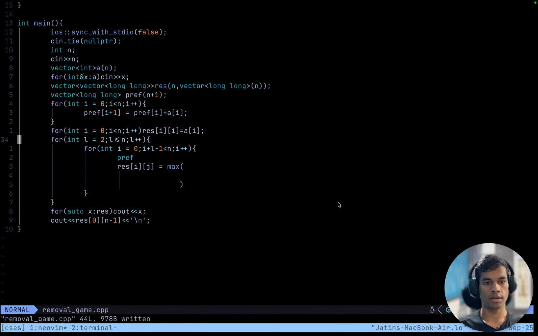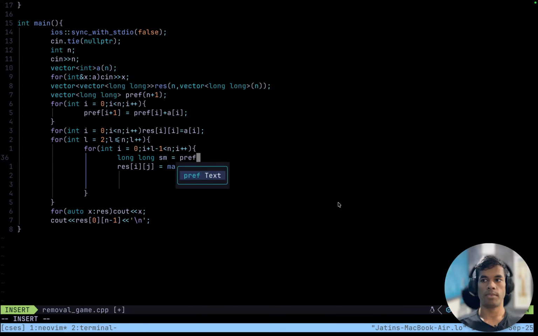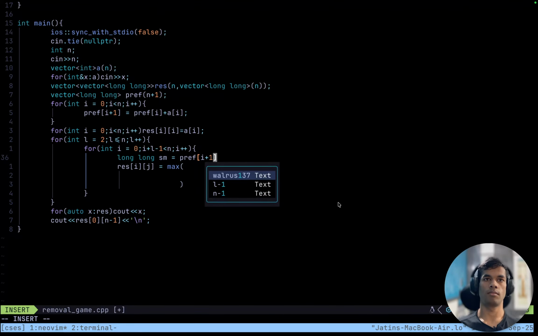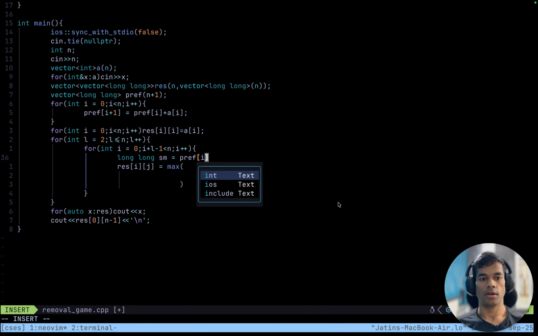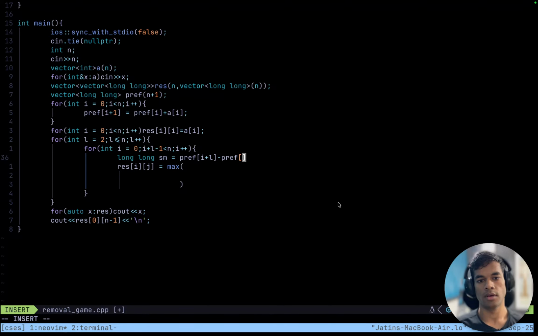Long sm will be equal to pref[i plus L], which includes that number, minus pref[i], since i is also included. And on the right, yes, this is cool. So that is our total sum.